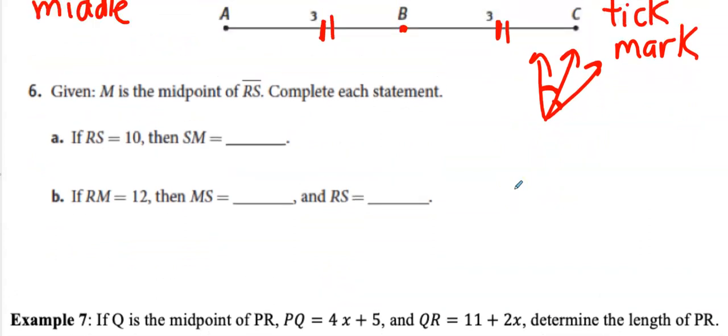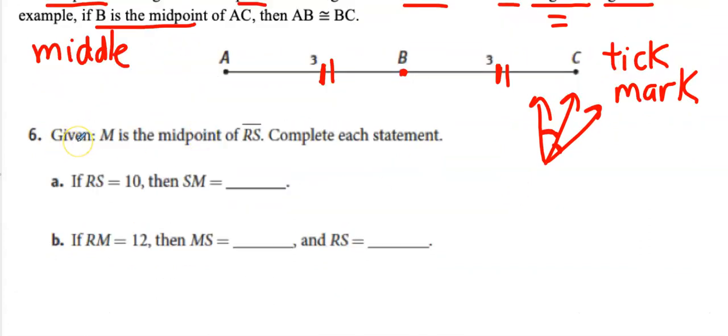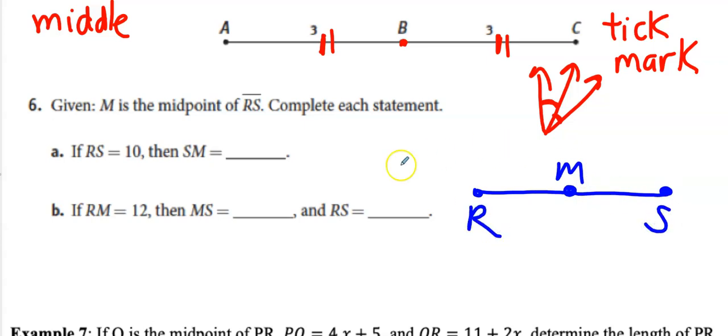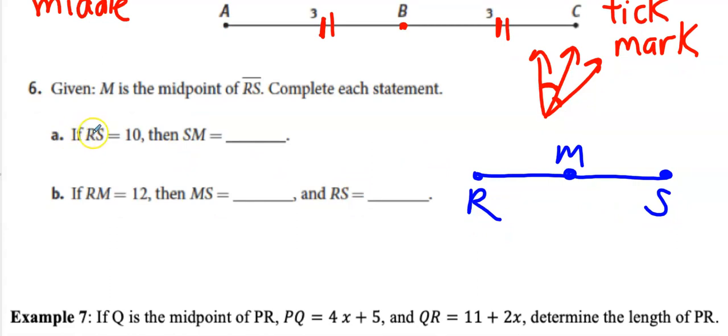Let's practice. So given M is the midpoint of RS. So I'm going to draw a picture. So M is the midpoint, so M en el medio, y RS. Okay? So it says if RS is 10, so if the total is 10, what is SM?